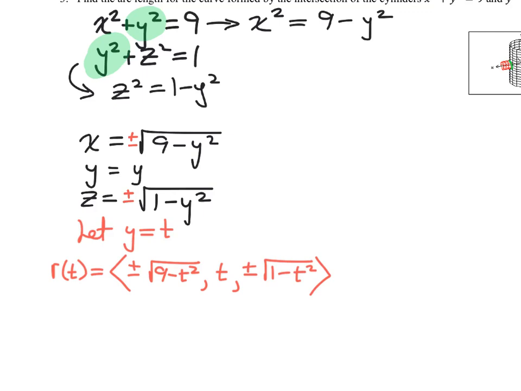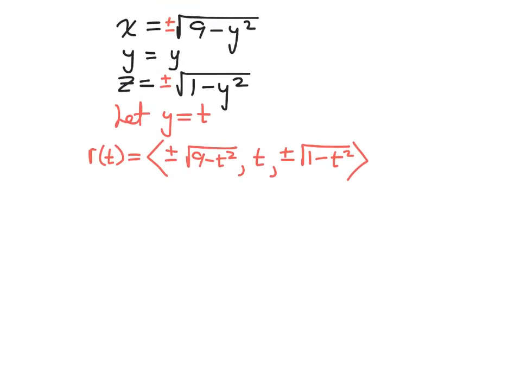Now, it's a complicated path because there's two plus or minuses, which means that this could boil down to 4 unique possibilities.